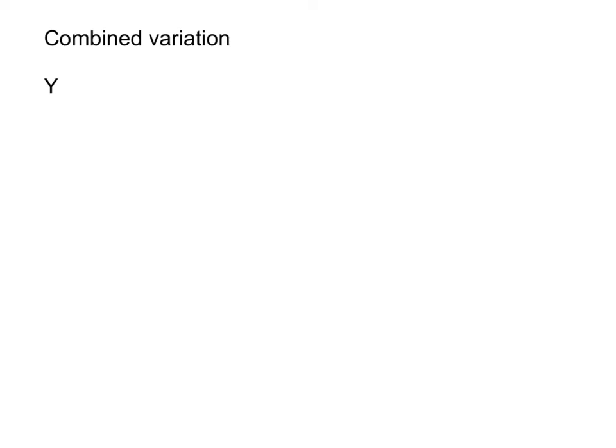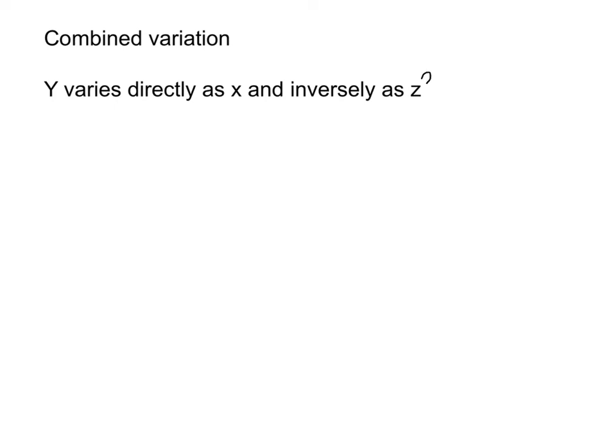y varies directly as x, and inversely as z squared. Y varies directly as x and inversely as z squared.